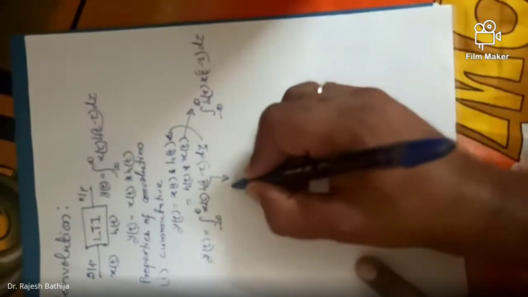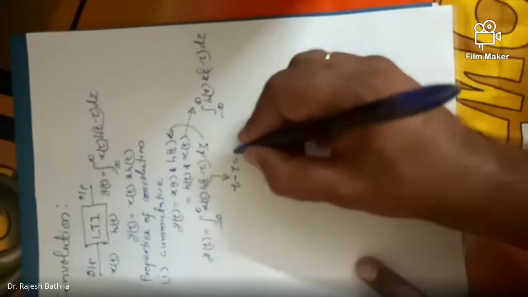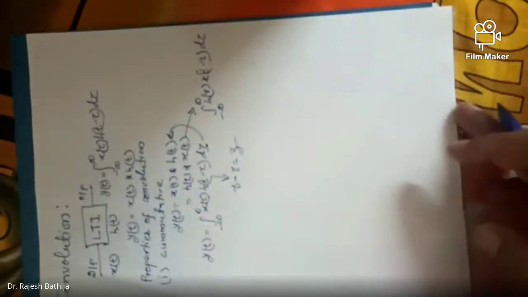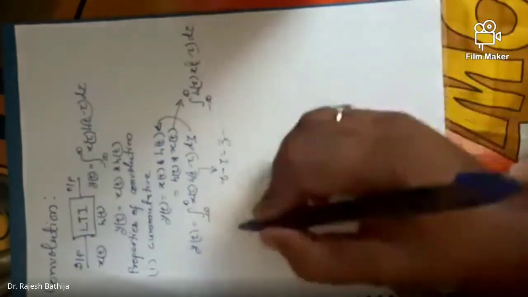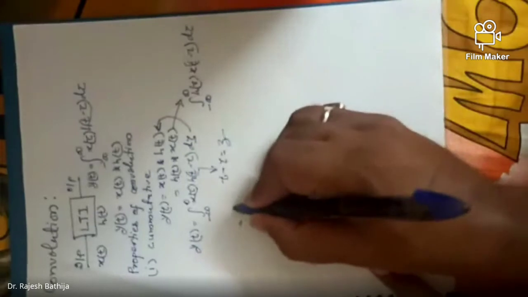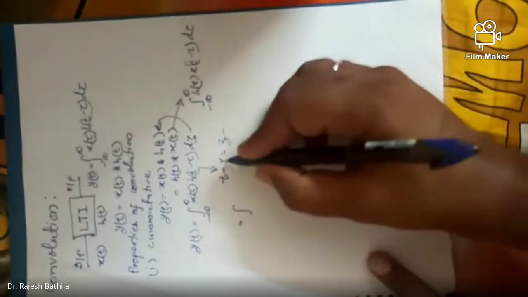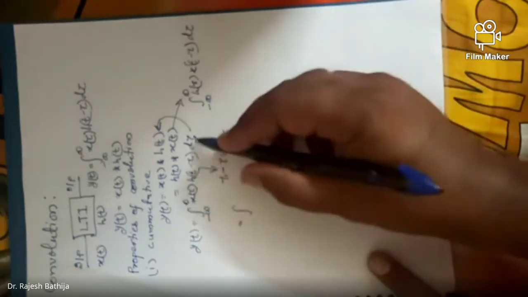For this, I will replace t minus tau by another variable, suppose xi, or zeta. So t minus tau equals zeta. These limits are of tau.